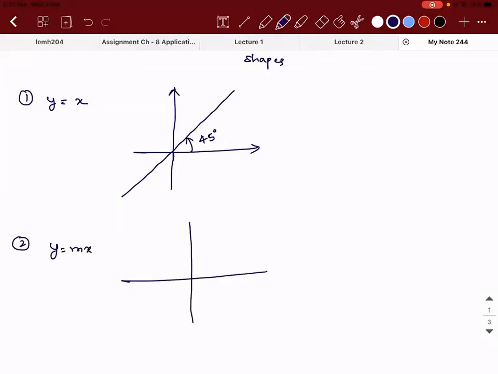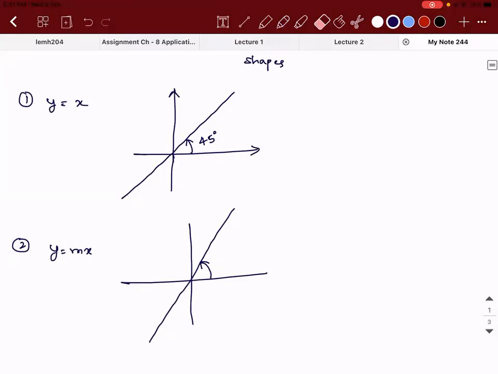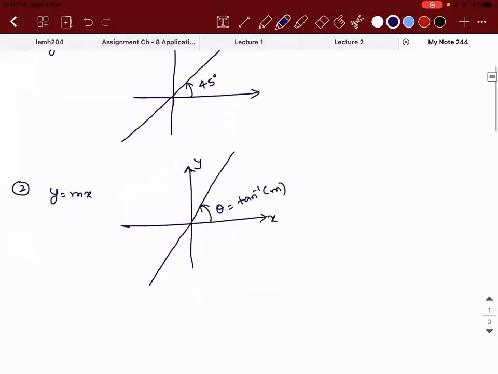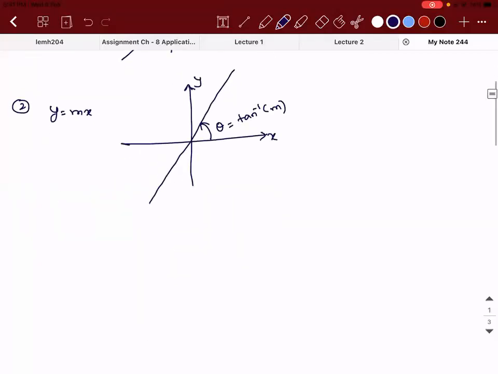This is a graph where the slope is tan theta is equal to m, or theta is equal to tan inverse of m. This is x-axis, this is y-axis. Correct? This is y is equal to mx.